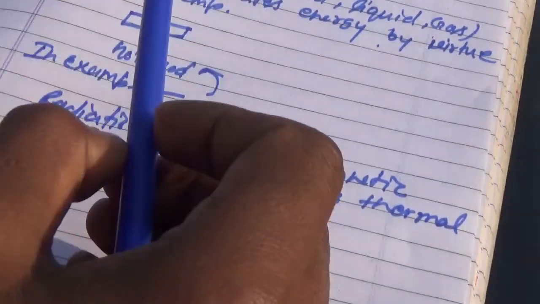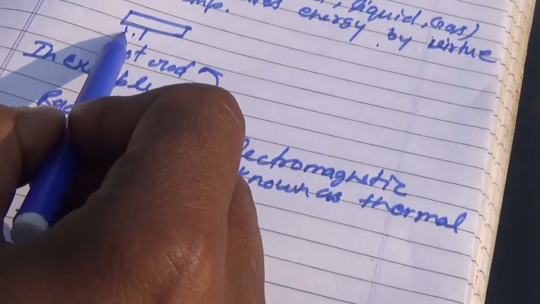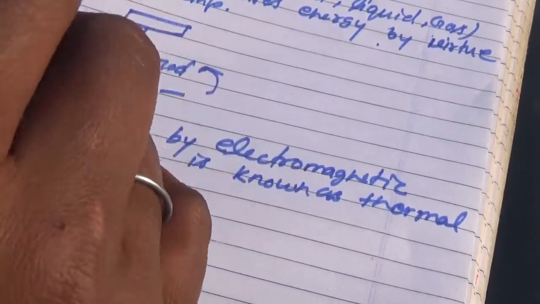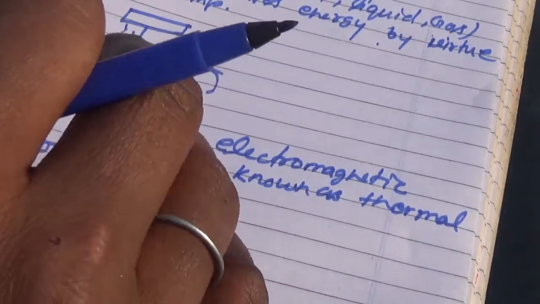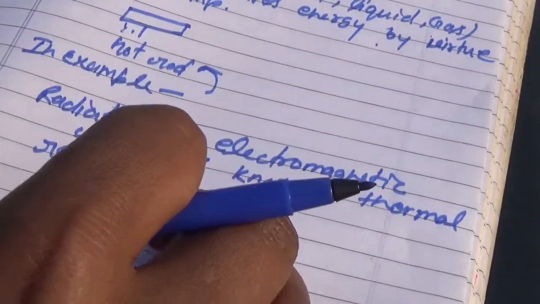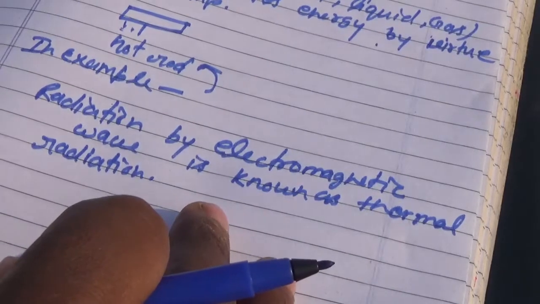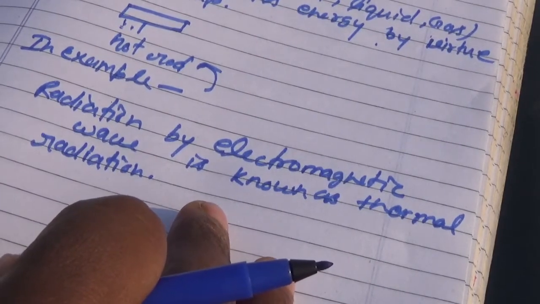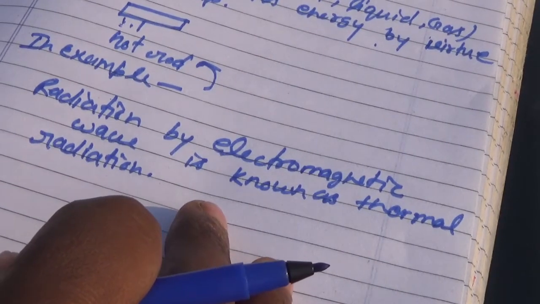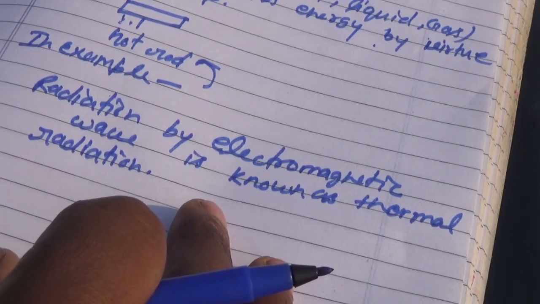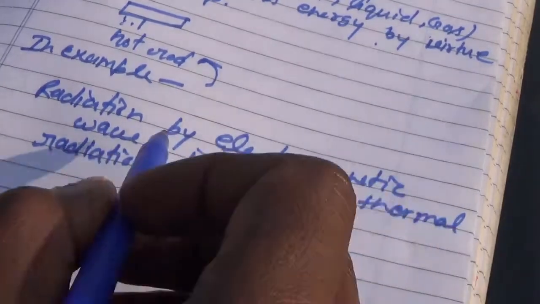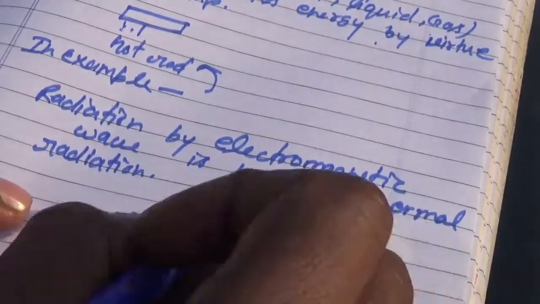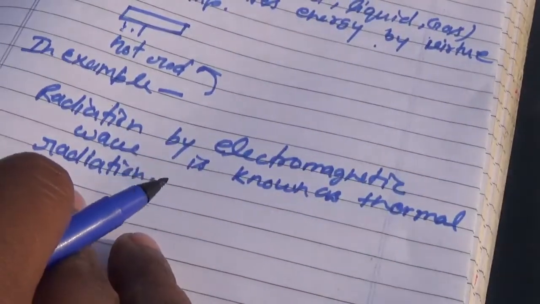As we have told you, very close to this hot rod, or we can choose any other substance also, liquid, hot water also we can choose here. Then we shall feel, also in case of liquid, some hotness very close to this hot water. So radiation by electromagnetic wave is known as thermal radiation.